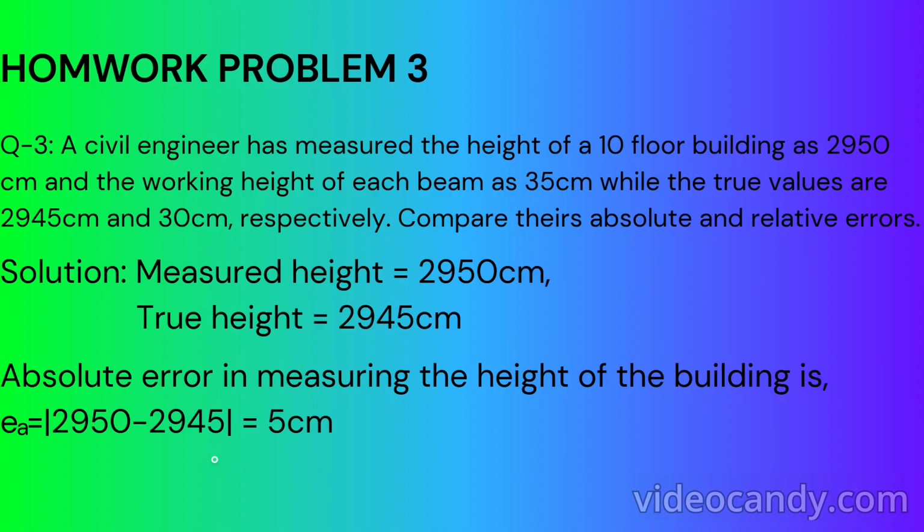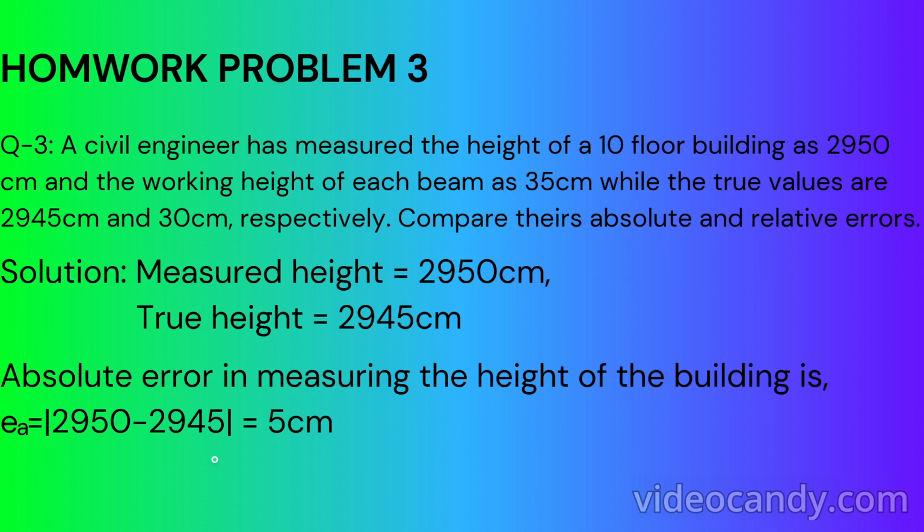And the last homework problem is this. A civil engineer has measured the height of a 10th floor building as 2950 centimeter and the working height for each beam as 35 centimeters, while the true values are 2945 centimeter and 30 centimeter respectively.